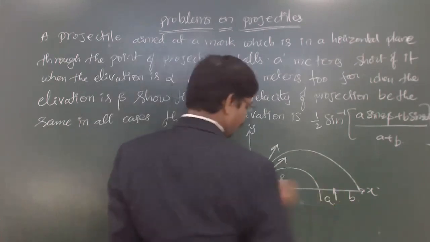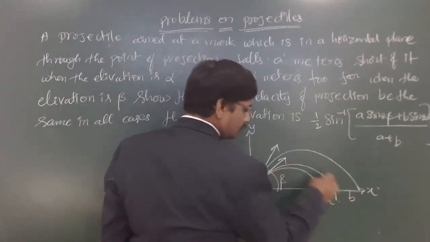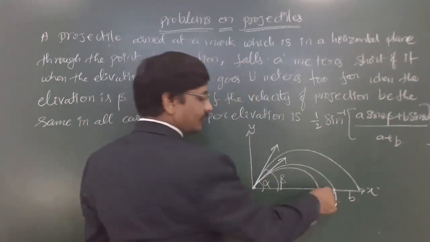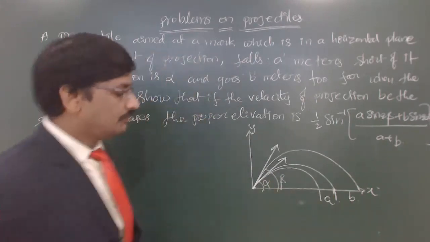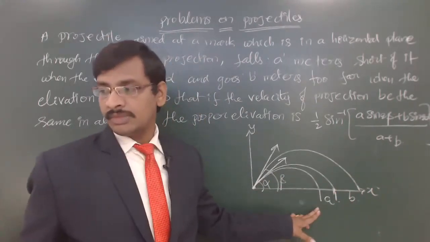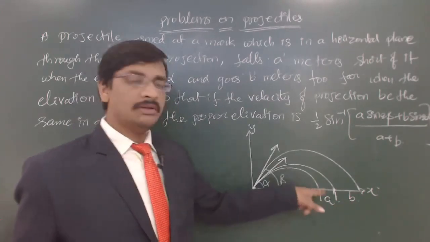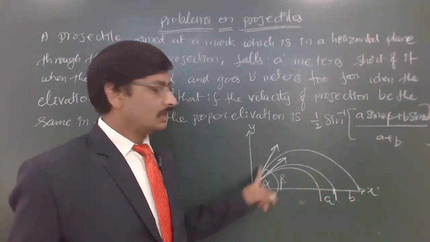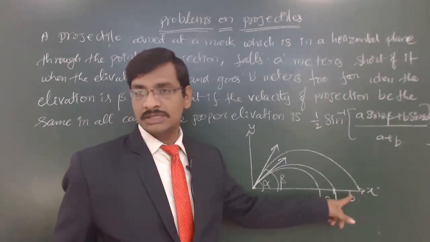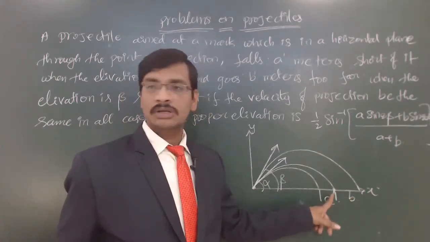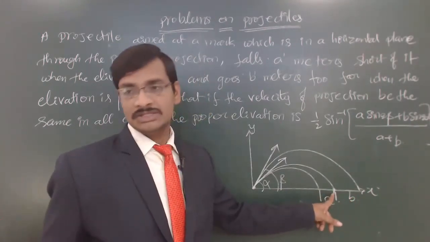So he wanted to target this location, but in the first case when the angle of elevation is alpha, it falls short by a. When he aimed again with an angle of beta, it goes too far by a distance of b from the place he is targeting.